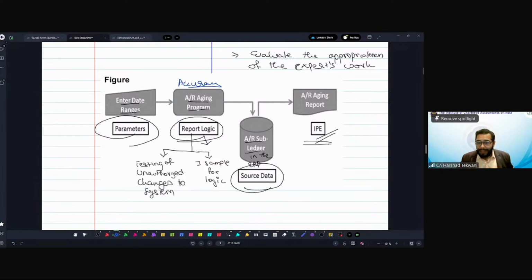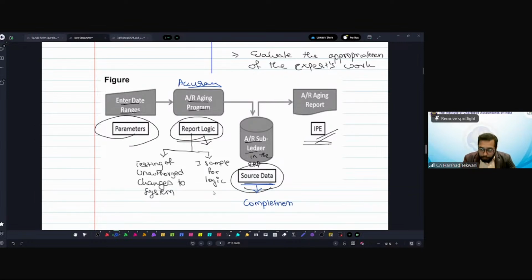Now, whether those are complete, whether something is missing, something is additional, which is not correct, that is when I will verify the source data. So testing of the source data will give me comfort on the completeness of that information.